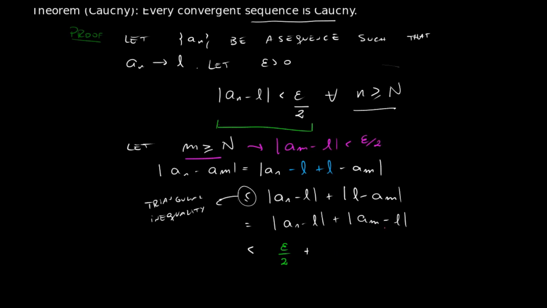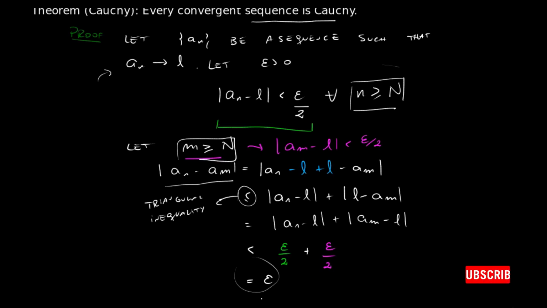So we can again say that this is plus epsilon over 2. And this equals epsilon. So then we start with a convergent sequence, and we proved that whenever we took m and n greater than N, then a sub n minus a sub m was smaller than epsilon. And so this sequence is Cauchy.